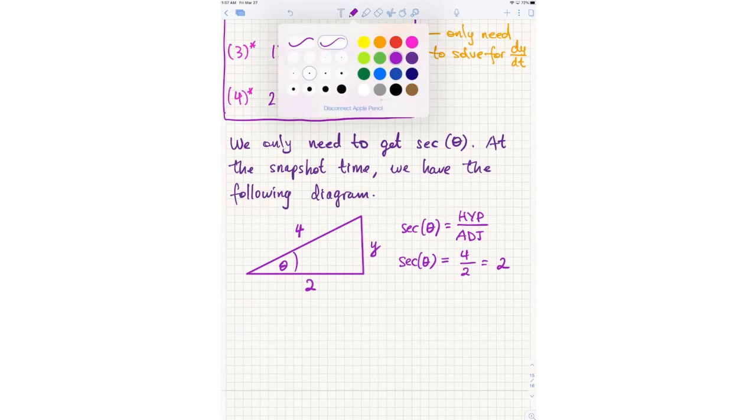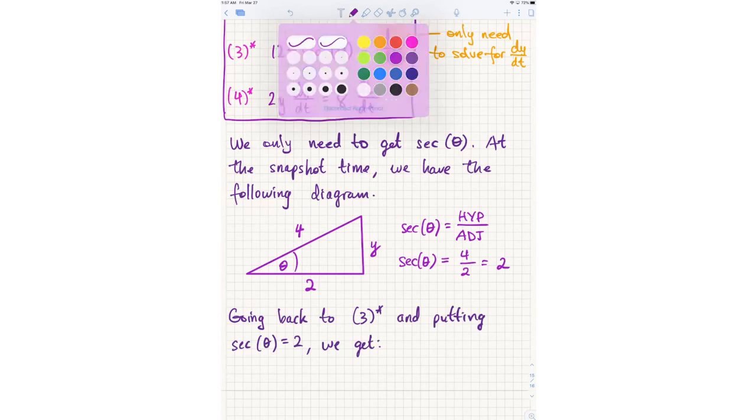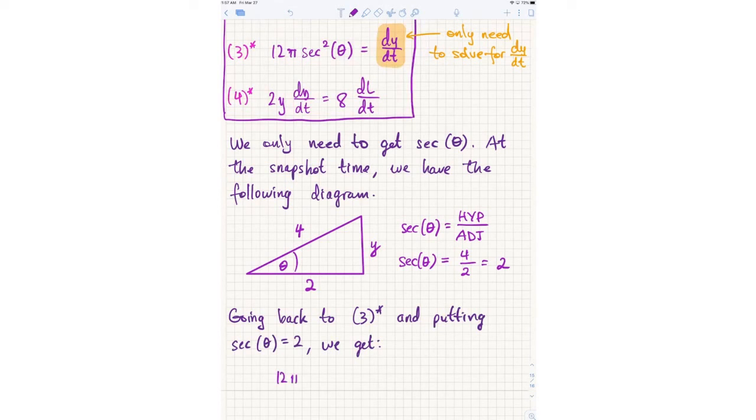That's really nice, because now I can go right back to equation 3 star, at the top of the screen. Going back to 3 star and putting secant theta equals 2, we get 12 pi times secant squared, which is 2 squared, equals dy/dt.